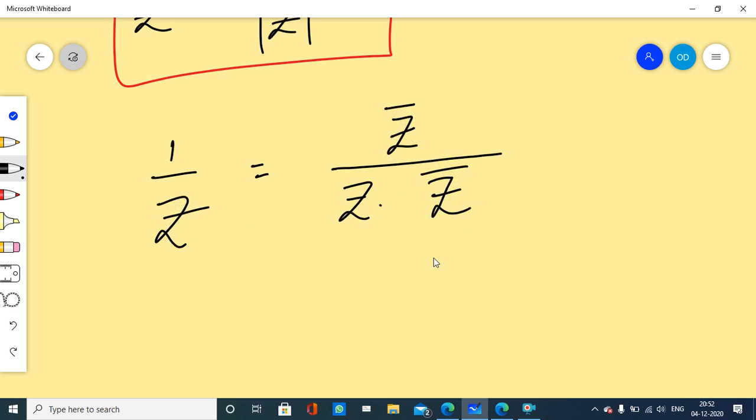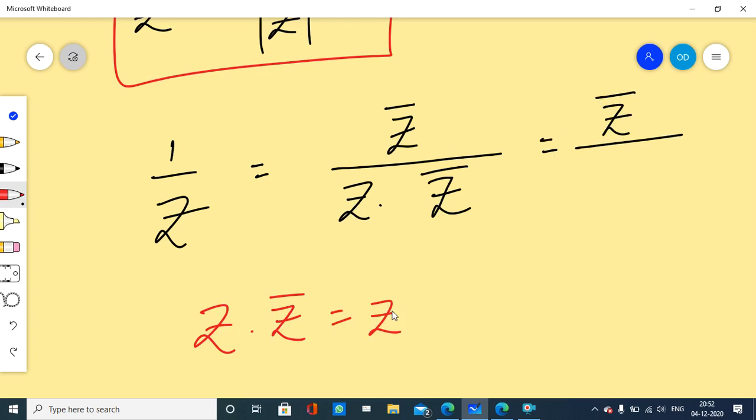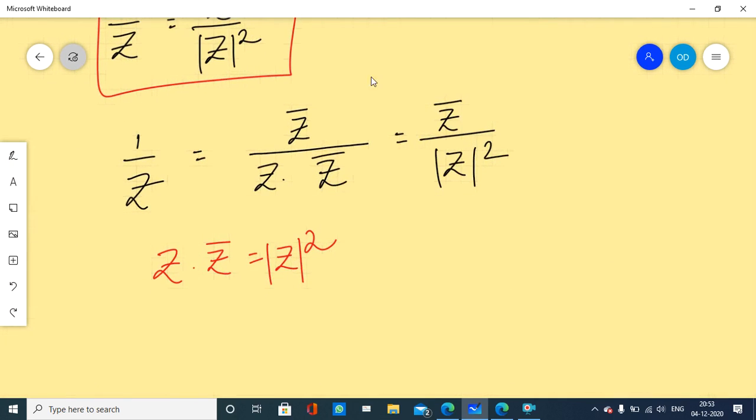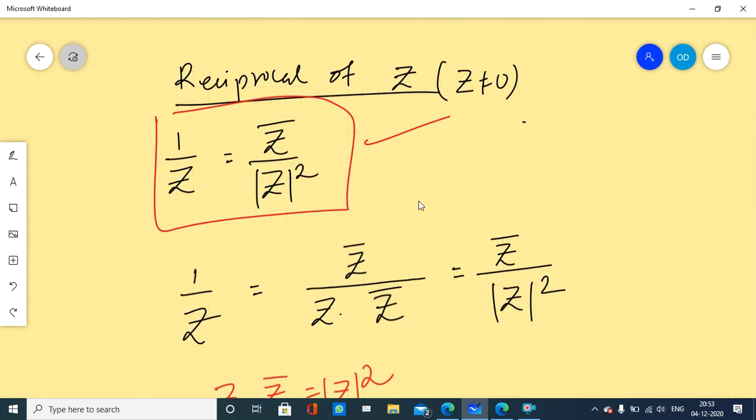Otherwise the value will change. By doing so, on the numerator I have now conjugate of z. On the denominator, we have already learned that z into z conjugate is equal to z mod square. So that is how this formula is derived. Take the screenshot.